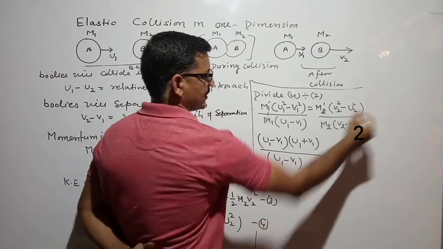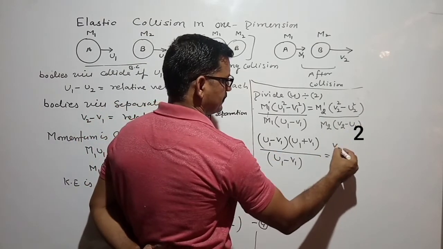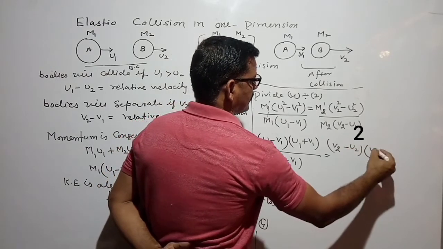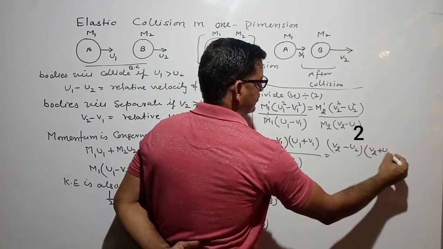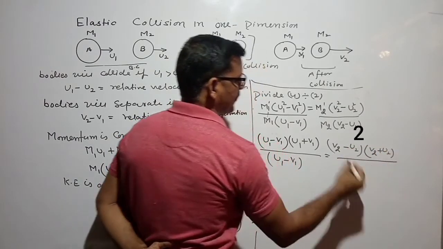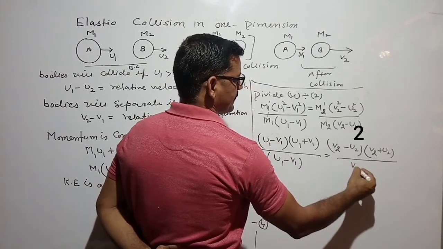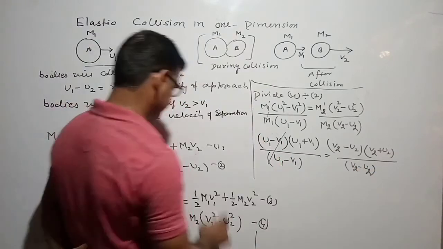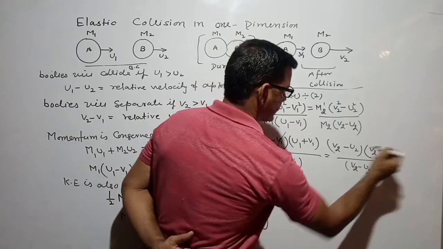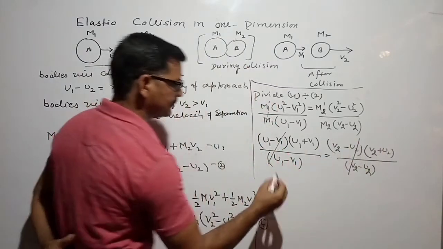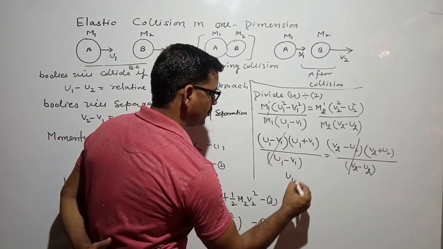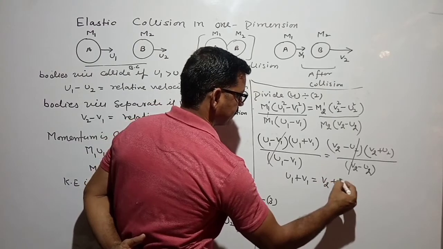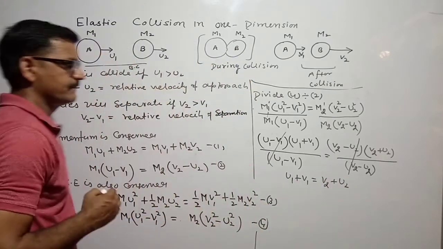In the same manner, you can apply the formula here, v2 minus u2 times v2 plus u2 upon v2 minus u2. So the common terms cancel out. What is left? u1 plus v1 equals v2 plus u2.